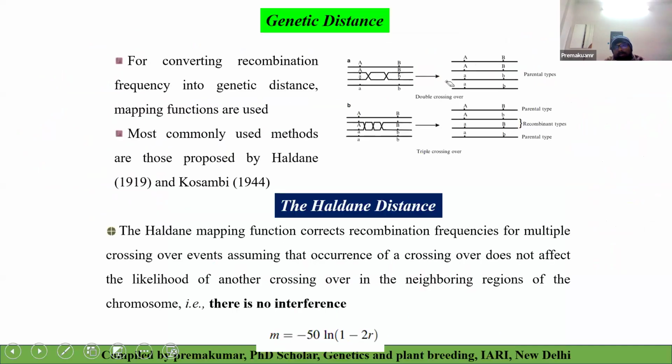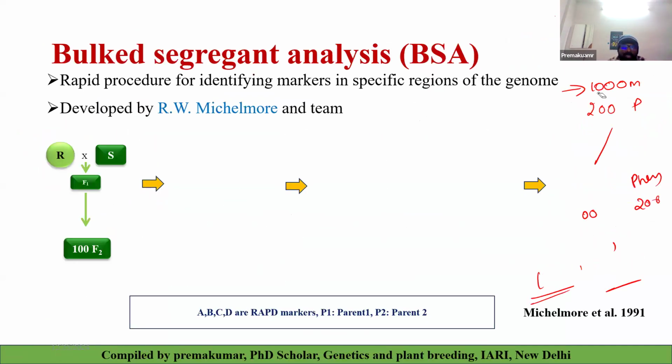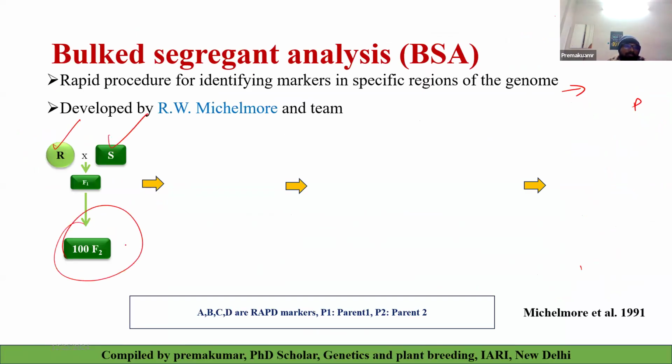That's why Michelmore came up with one very good approach called bulked segregant analysis. You cross the extreme individuals and develop an F2 population or any such population. Normally with 100 individuals you genotype and phenotype all 100.